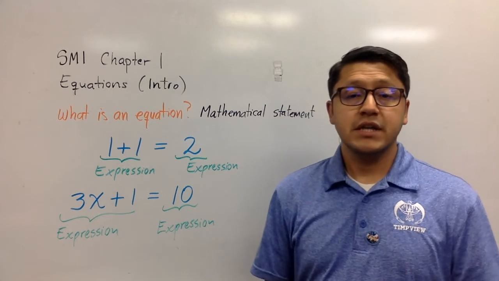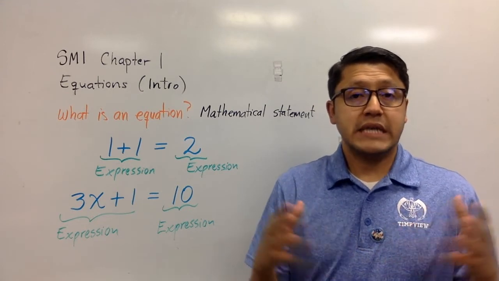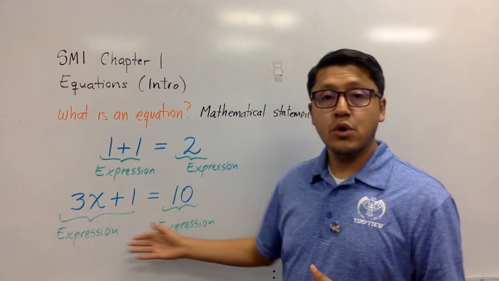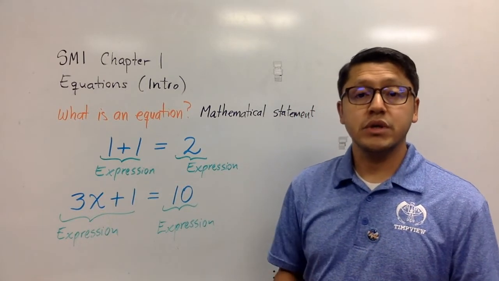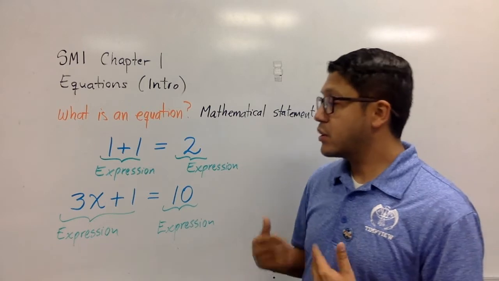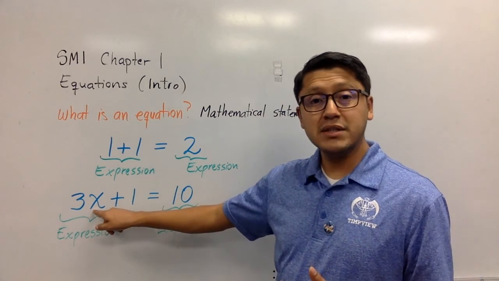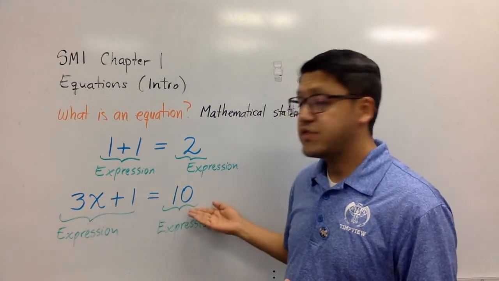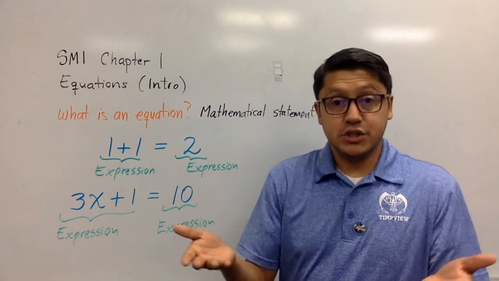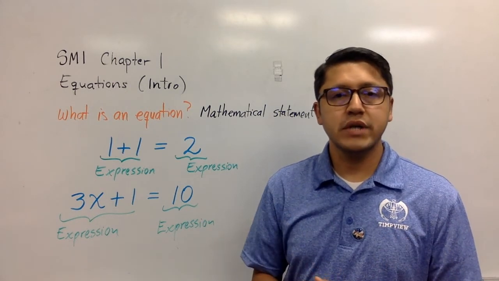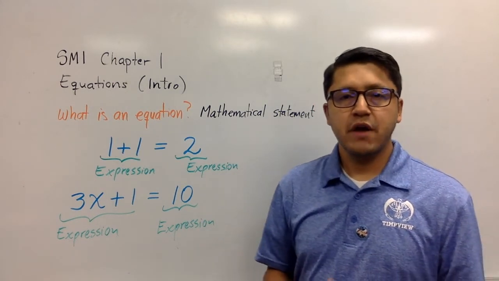Remember, we learned that variables may represent any number, but in this case, using those steps or properties that we are going to be dealing with, we are going to be able to find out the exact number corresponding to this variable so that the equation is true, or that the equation is balanced, because this is another word that we're going to be using for this chapter.